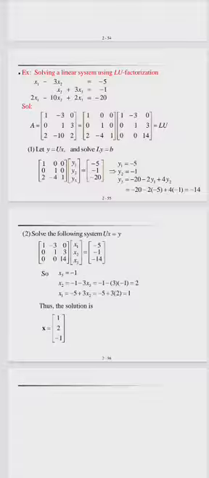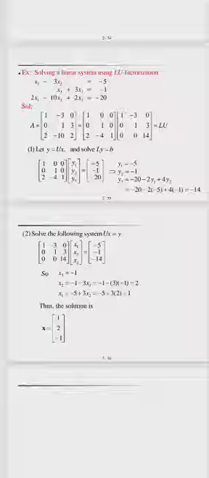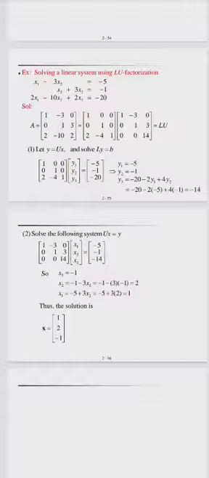Then the second step: solve the system UX = Y. First write U as [1 -3 0; 0 1 3; 0 0 14], times the variables x1, x2, x3, equal to -5, -1, -14.